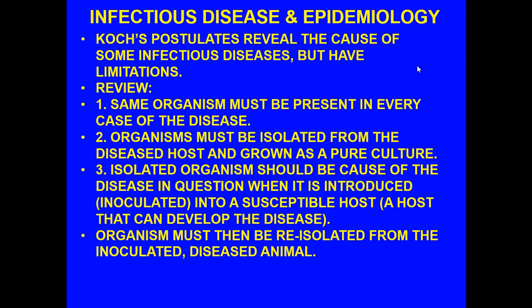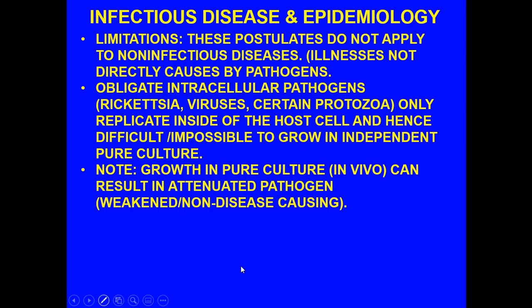Organisms must be isolated from the diseased host and grown as a pure culture. Isolated organisms should be the cause of the disease in question when introduced, that is inoculated, into a susceptible host. Keep in mind that this is an important point, a host that can develop the disease. The organism must then be re-isolated from the inoculated diseased animal.